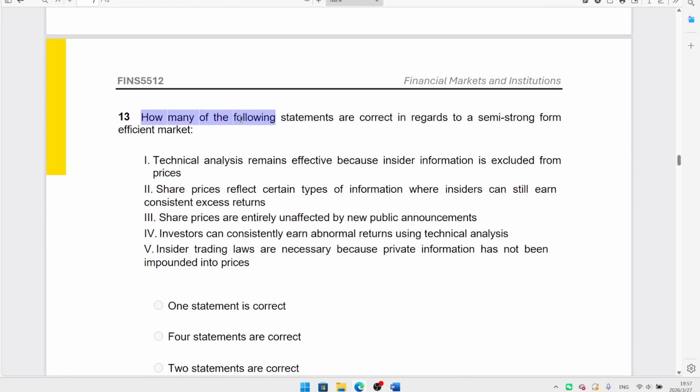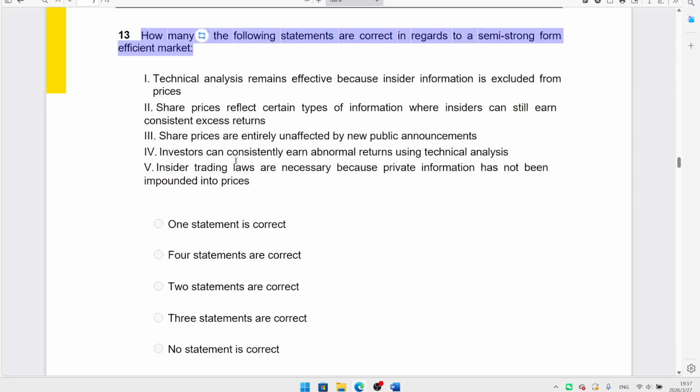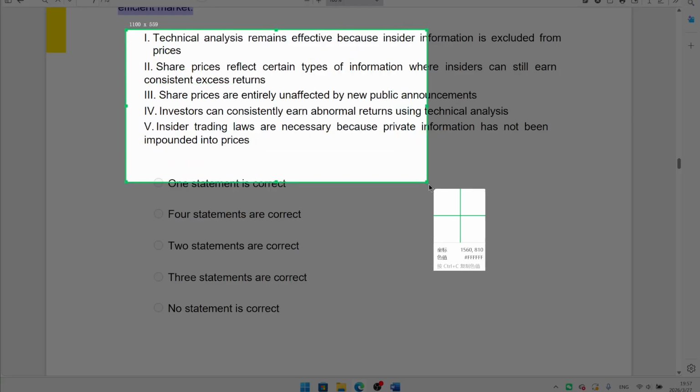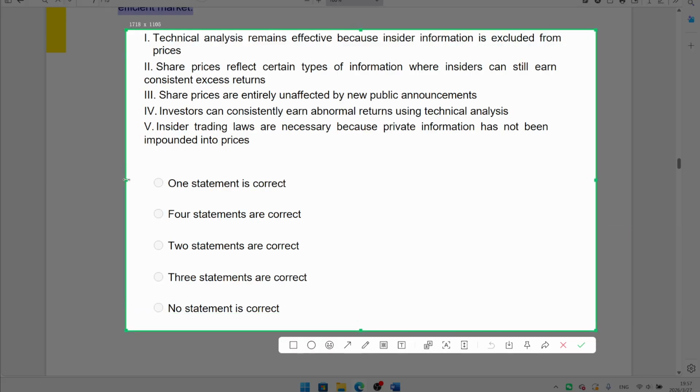How many of the following statements are correct regarding semi-strong form efficiency? In semi-strong form, the market can get information and act correctly, but can be manipulated. Analysts remain efficient because insiders can still earn from certain types of information.